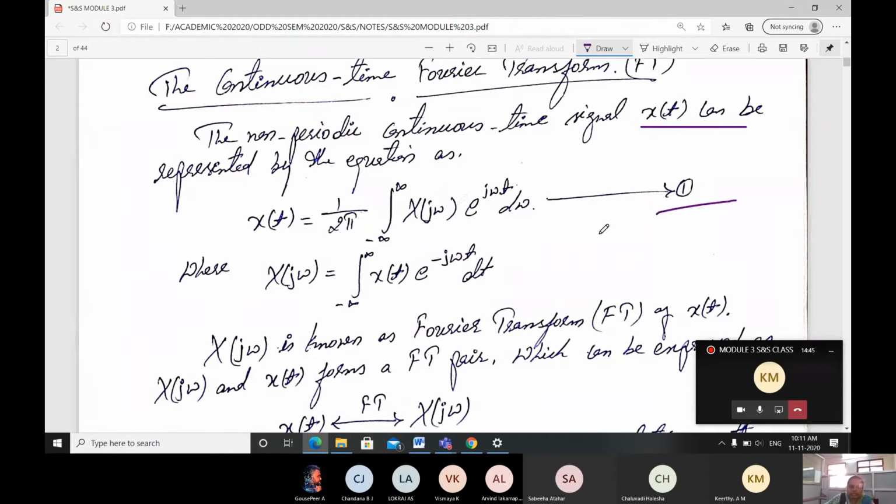Take this as equation 1, where X of j omega is the integral from minus infinity to plus infinity of x of t e raised to minus j omega t dt.